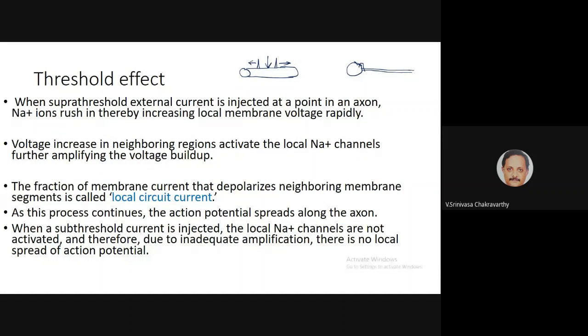It could have propagated backwards also, but the point is that this world is all passive. The dendritic tree is mostly passive. Here and there you might have a few voltage sensitive channels, but mostly it is passive. So even if it propagates a little bit, these waves will die quickly.